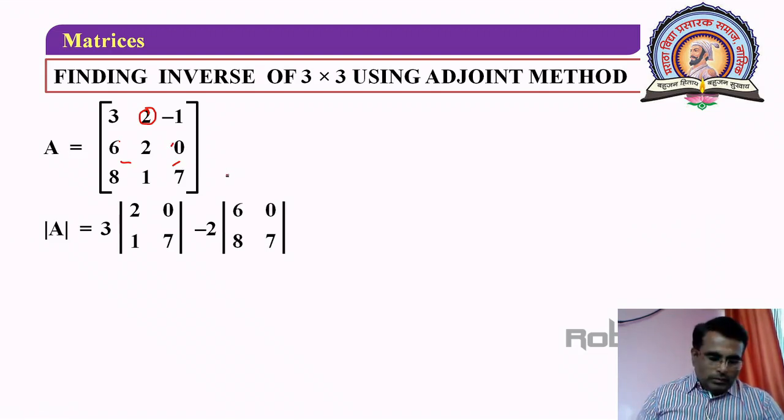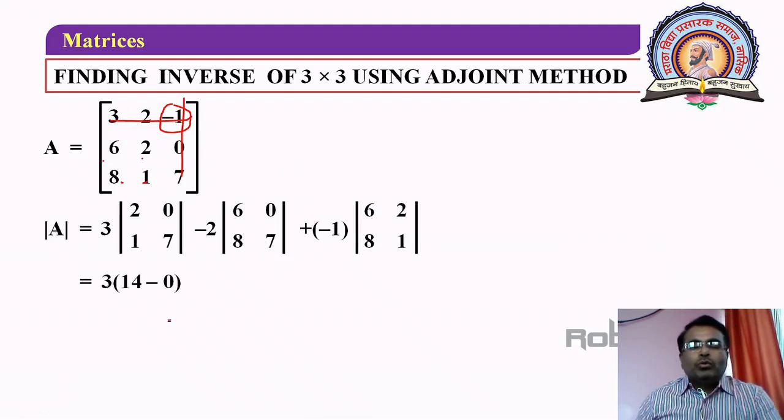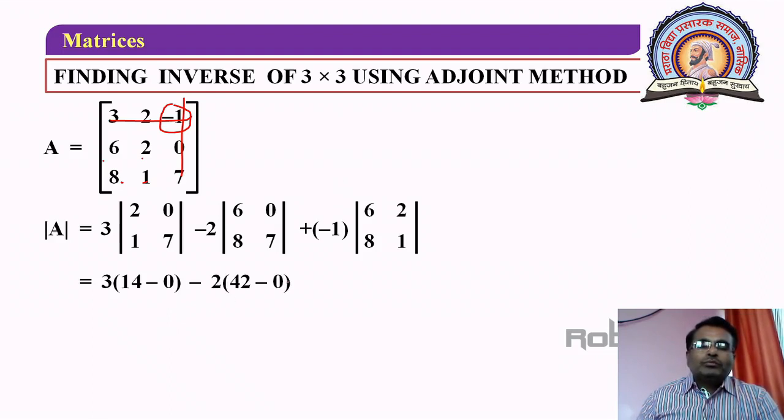Then next you have to consider minus 1 into, this is your next expansion cofactor. So minus 1 into, you have to consider now that delete this row and this column. So what is remaining? 6, 2, 8, 1, that will be your next determinant. And if you simplify, 3 into 14 minus 2 into 42 minus 0 and minus 1 into 6 minus 16.